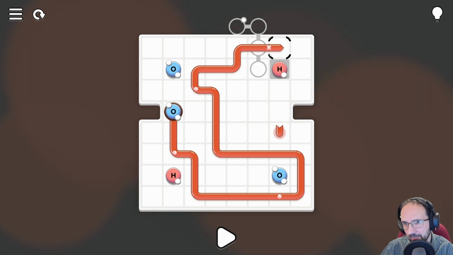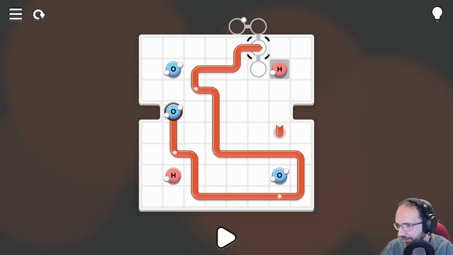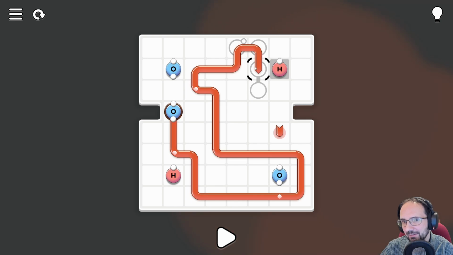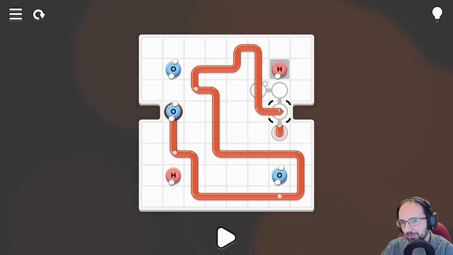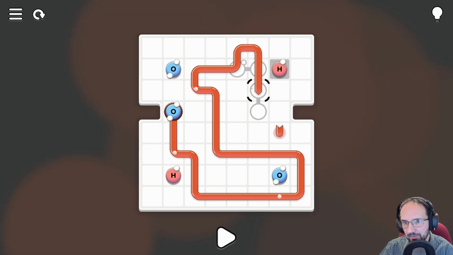Oh, no, can't go up and around. Collision, predict a collision. Okay. There is absolutely no way to do that. Go there, and that's wrong.